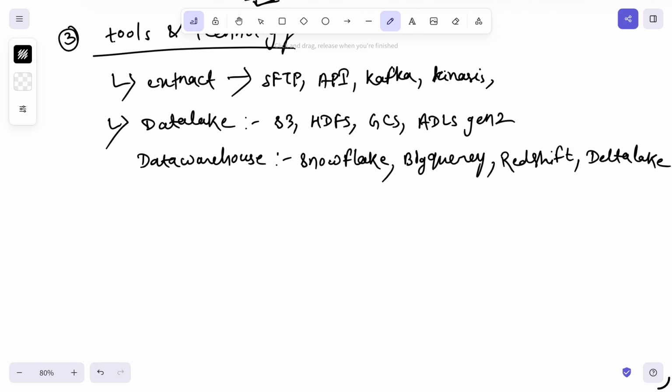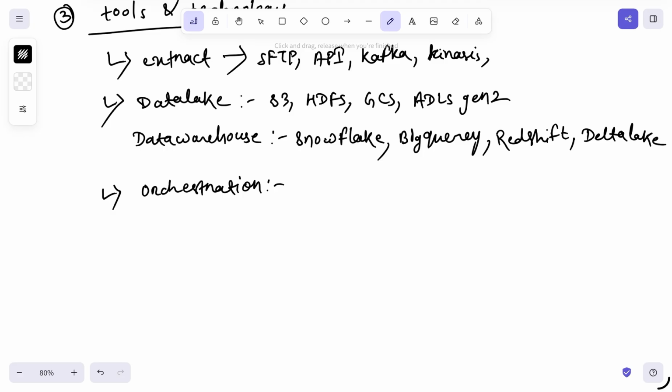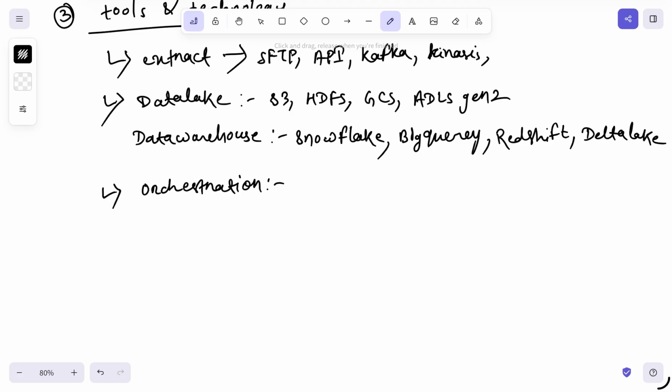For that orchestration, we can use Azure Data Factory, or the most popular one, Airflow, or we can use Dagster, or else AWS Step Functions.